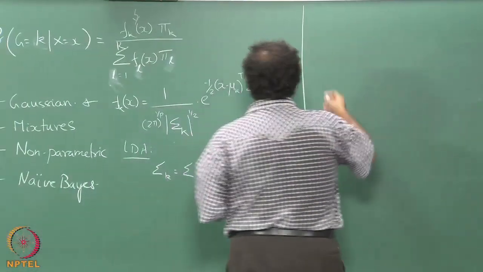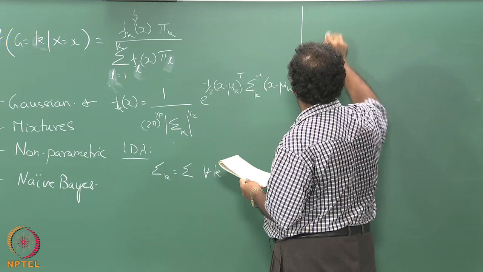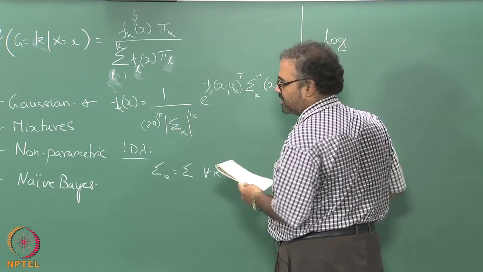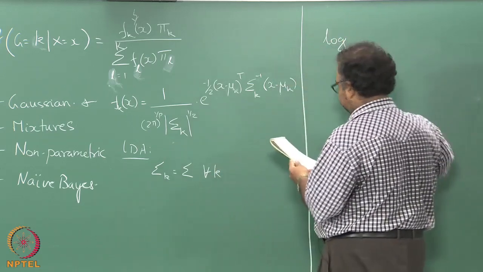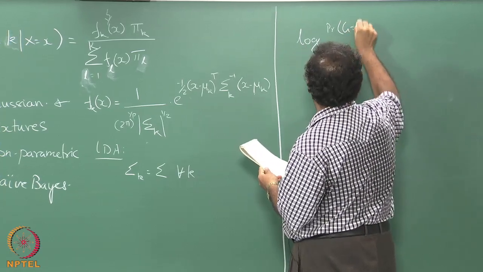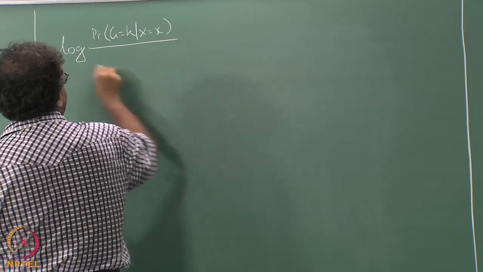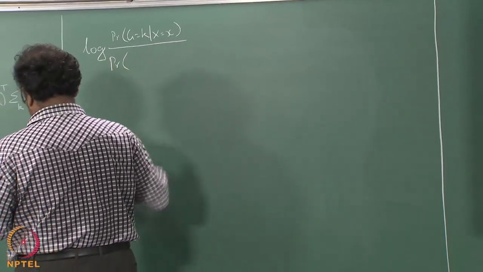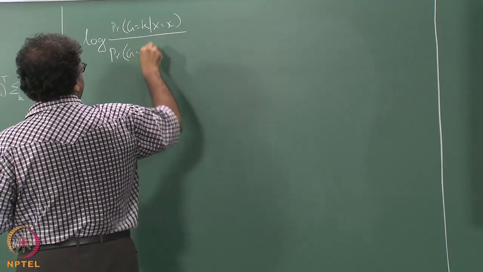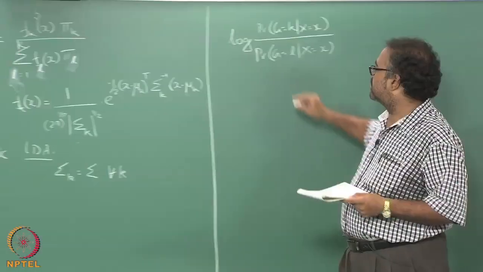So in looking at logistic regression, we saw that we could look at the log odds. Likewise I am going to look at the log of the ratio of the class probabilities.